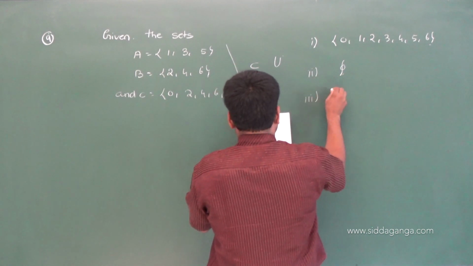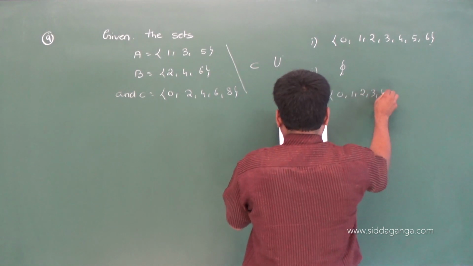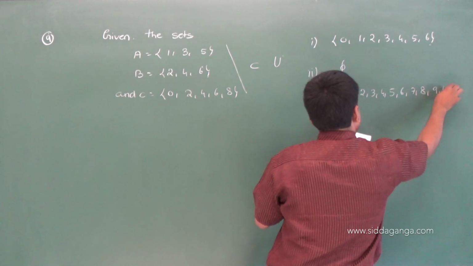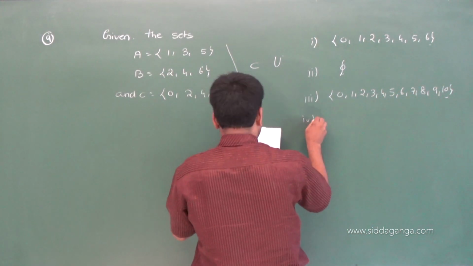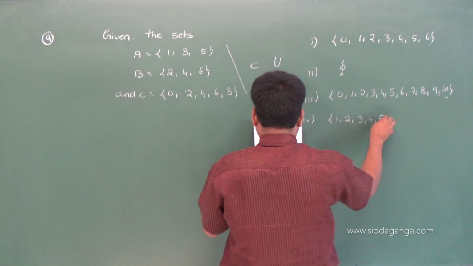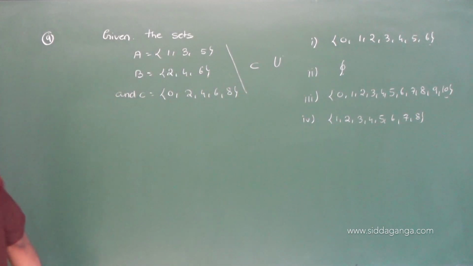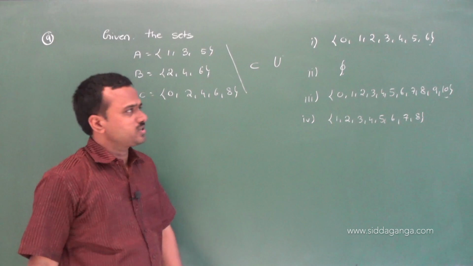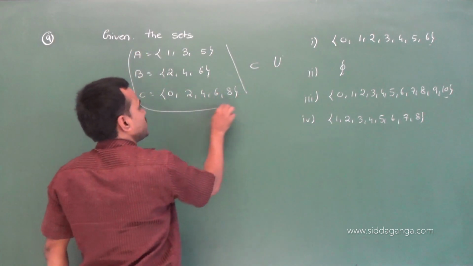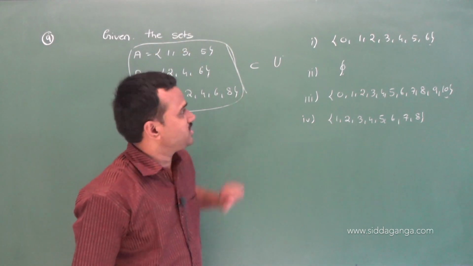Third one is 0, 1, 2, 3, 4, 5, 6, 7, 8, 9, 10. Fourth one is 1, 2, 3, 4, 5, 6, 7, 8. So we choose which one is the universal set with respect to these three sets.